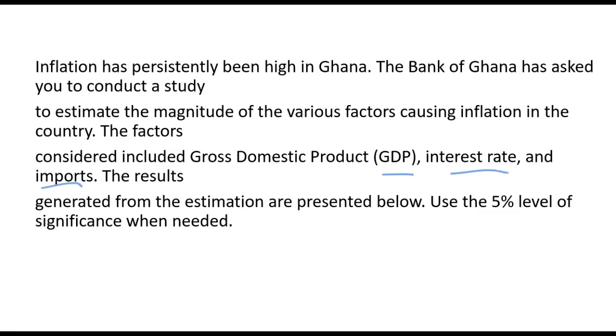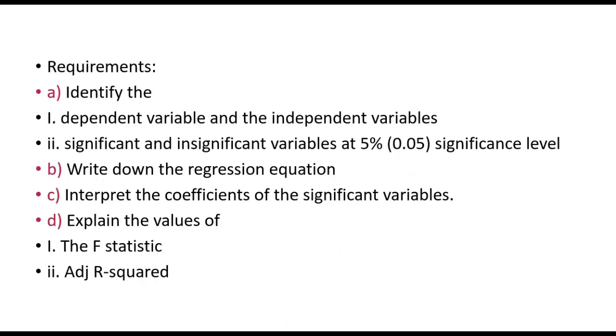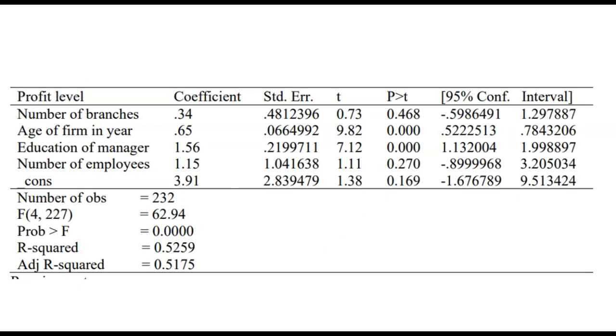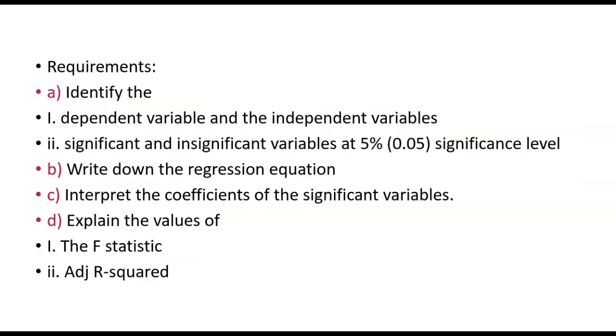So this then becomes our independent variables because the research is not depending on these variables, but rather these variables will help us to predict what? Our dependent variable, which is inflation. So that's it for dependent and independent variable. The dependent variable is what the research is trying to predict, and the independent variables are the ones that are the predictors. Okay.